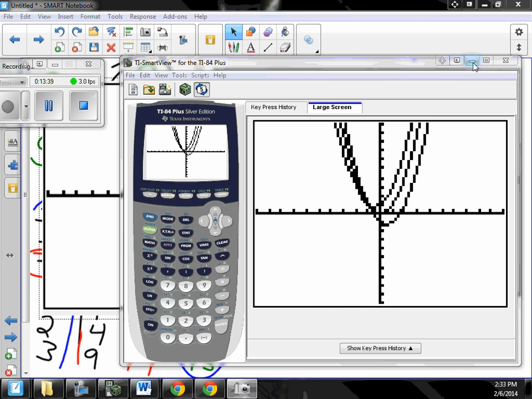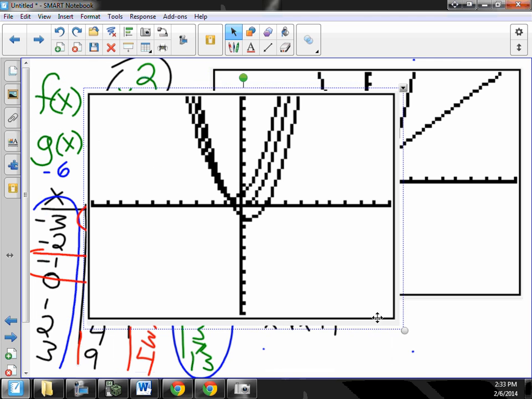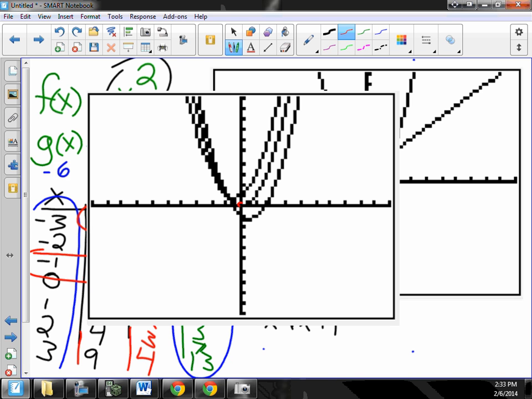Okay. So if you look at the vertex of this, there's the vertex of the original. Here's the vertex of the plus. And, well, there's the vertex. You can see that those are in a line.